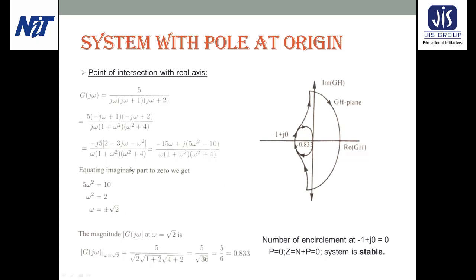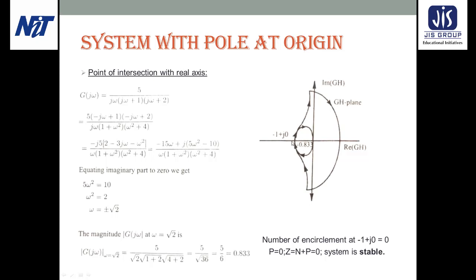After equating the imaginary part to 0, omega becomes plus minus root 2, and we are taking omega as plus root 2. If we put omega equal to root 2 in the magnitude, it becomes 0.833. Now this 0.833 is positive because we are taking the magnitude, but actually it is located on the left hand side, so it is the minus 0.833 point.